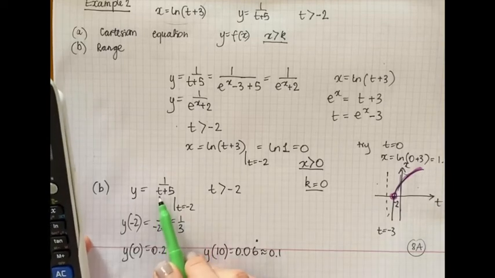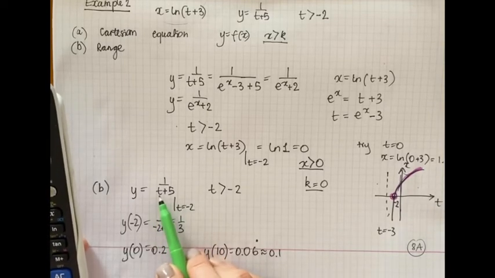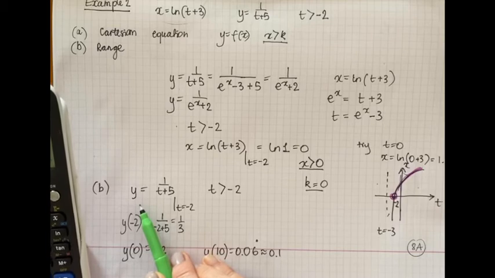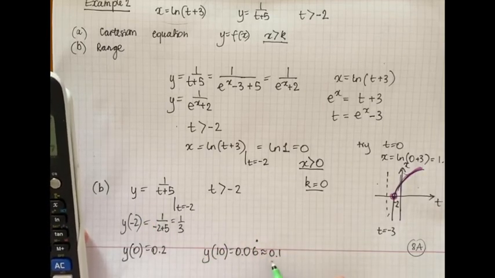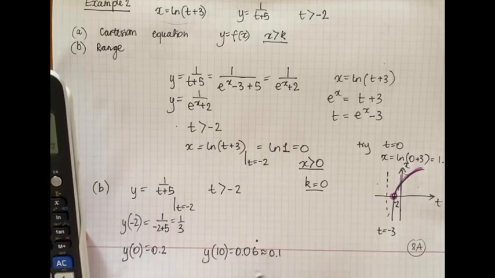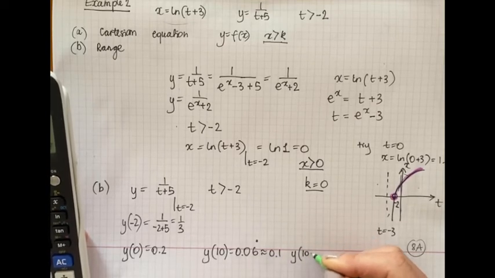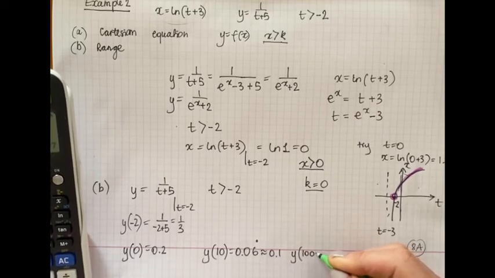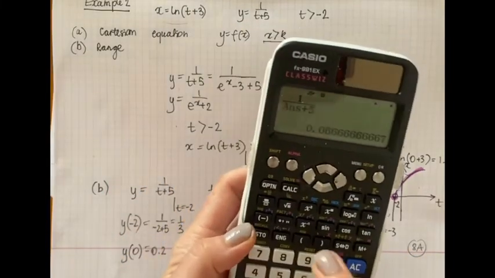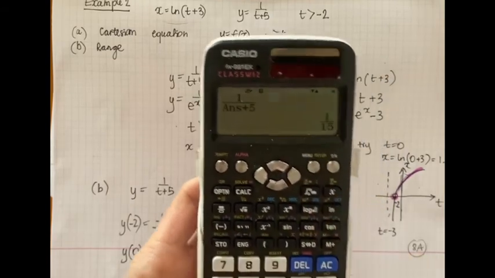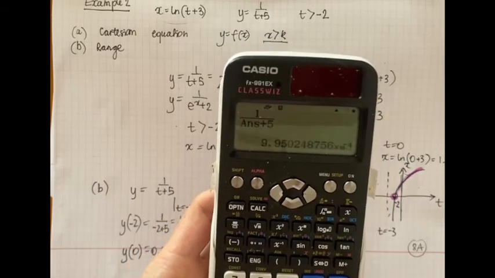Now, no matter what you put as t, because you start putting values of t that are bigger and bigger but positive, y will never go into negative values. It will get closer and closer to 0. Just for the last one, let's put in 1,000.